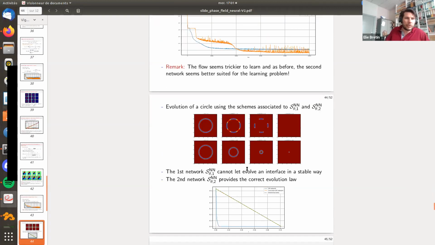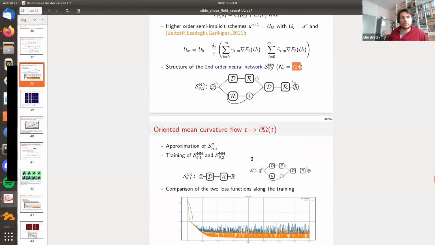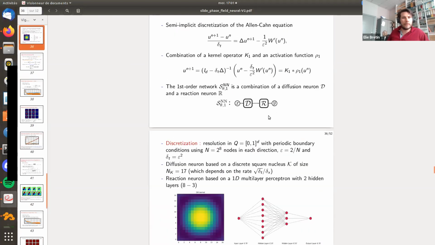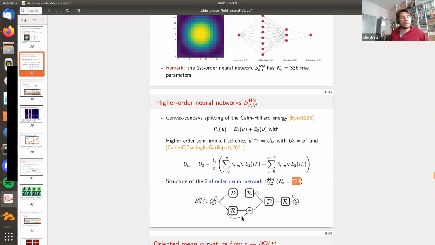For example, if I consider the Willmore flow, I know that it's impossible to learn the Willmore flow with this kind of neural network, but it should be possible with this kernel, I believe, because the discretization of the approximation of the Willmore flow needs more than one diffusion operator, and needs to apply a diffusion operator to a reaction operator. So you need to have a more complex neural network.